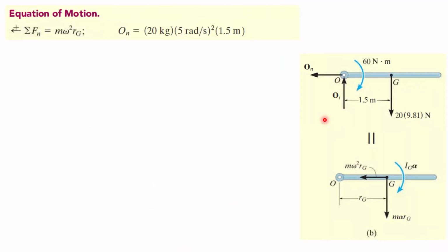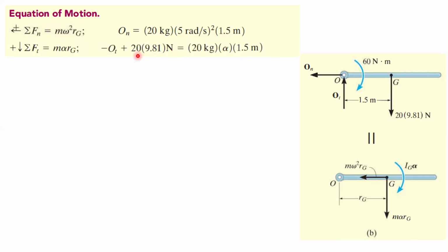Equation of motion. We have established that summation Fn is m omega square Rg. The point of action of G from the pin is 1.5 meters. Then omega is 5, and the mass is 20 kg.